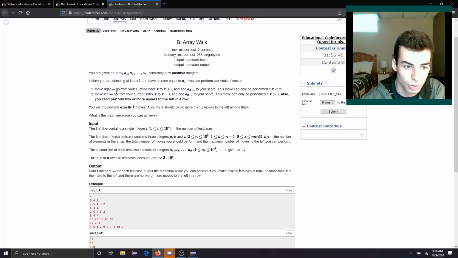Because you can only move right and move left, right? You can't sit still. So what if they want you to move 10 times, but you can only move right twice, and then you're not allowed to move left because z is 0?